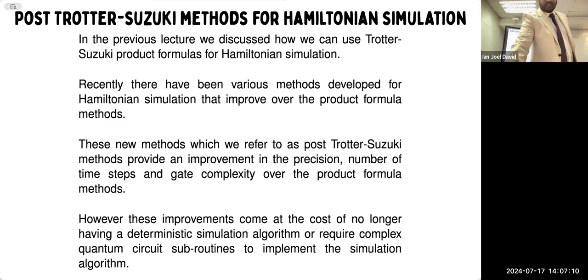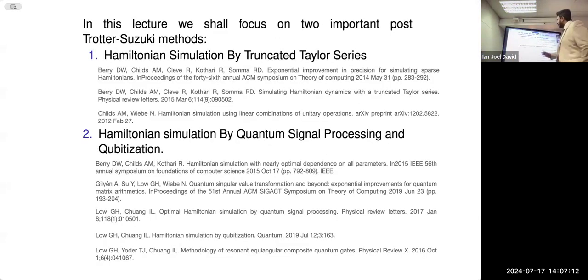Okay? So in this lecture, and the slide is not for reading now, but it's for when the slides go up after, we're going to talk about two important post-Trotter-Suzuki methods. The first one being the Hamiltonian simulation by truncated Taylor series. So if you remember in last week's lecture, when we spoke about product formulas, we started with the point of expanding the time evolution operator in a Taylor series.